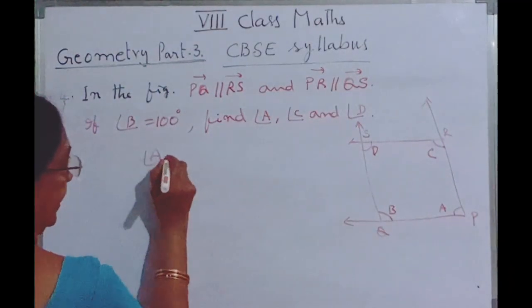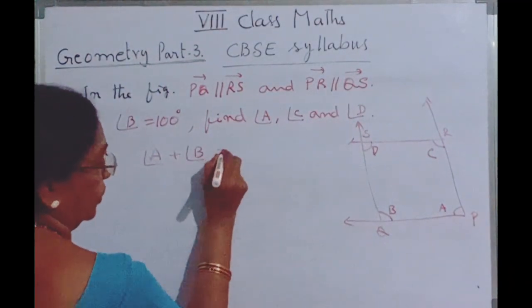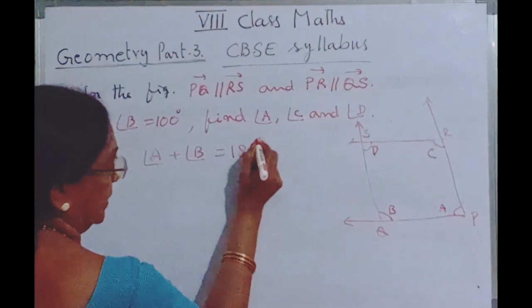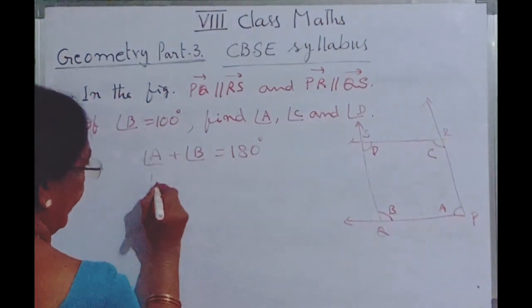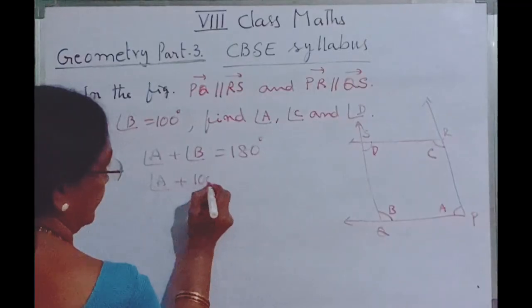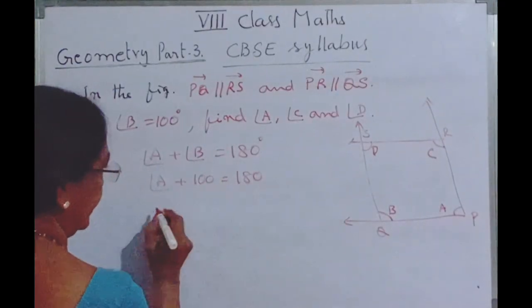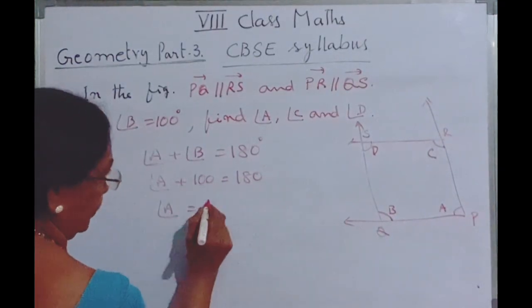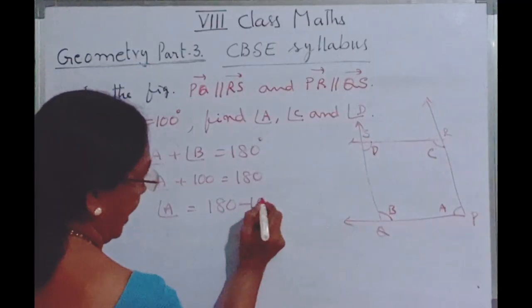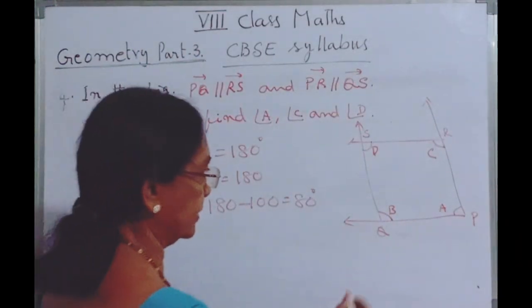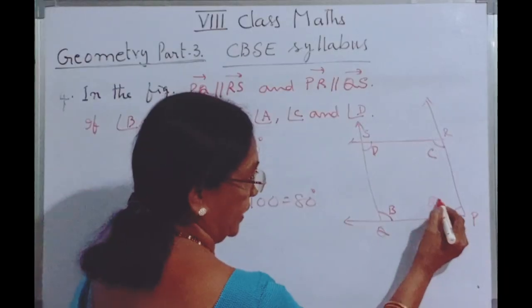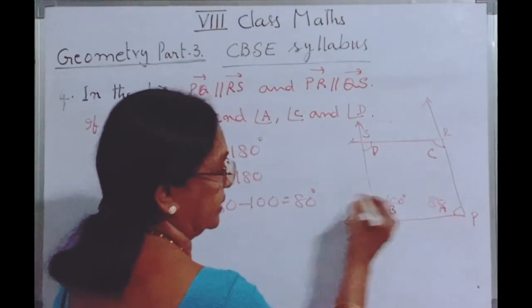Therefore, angle A plus angle B is equal to 180 degrees. But angle B is given as 100. Therefore, angle A plus 100 is equal to 180 degrees, or angle A is equal to 180 minus 100, that is equal to 80 degrees. So, angle A is equal to 80 degrees and this is 100 degrees.